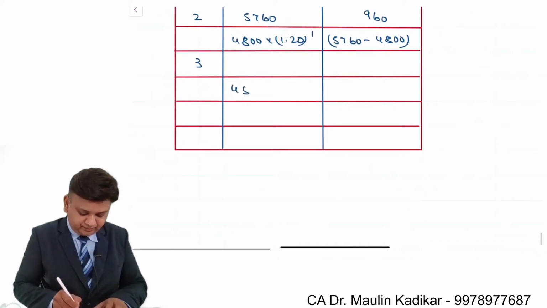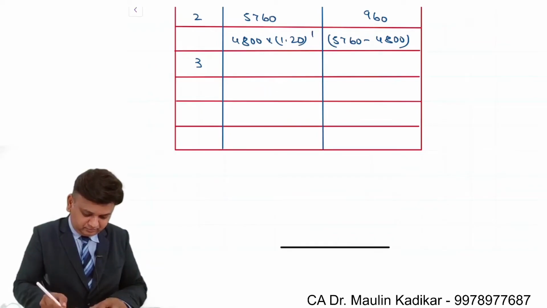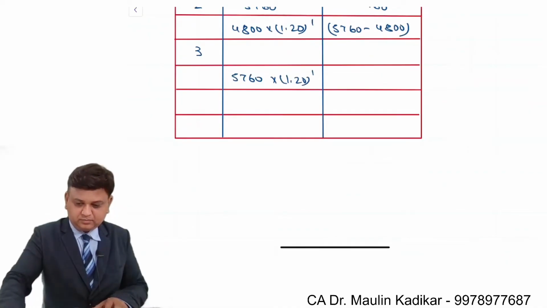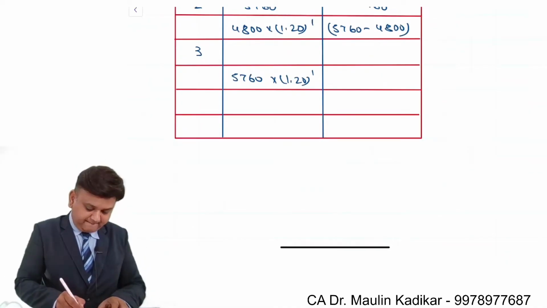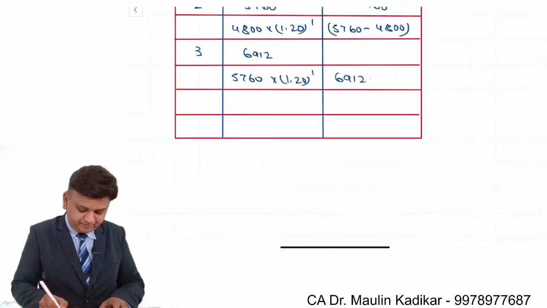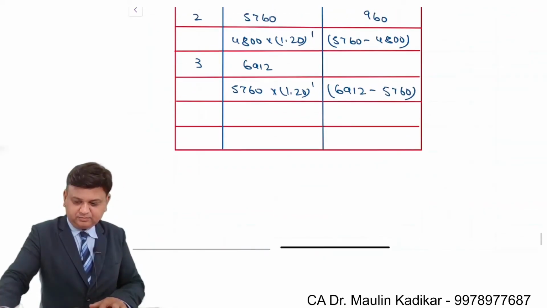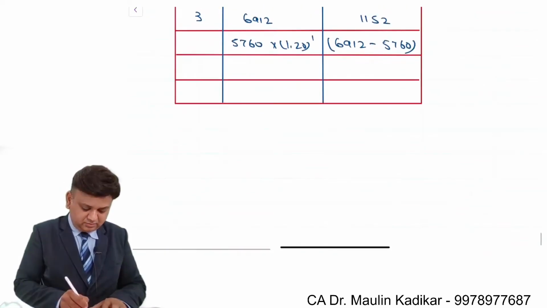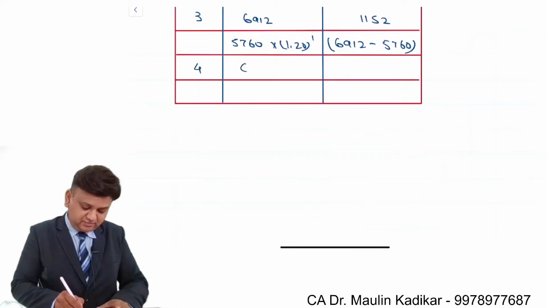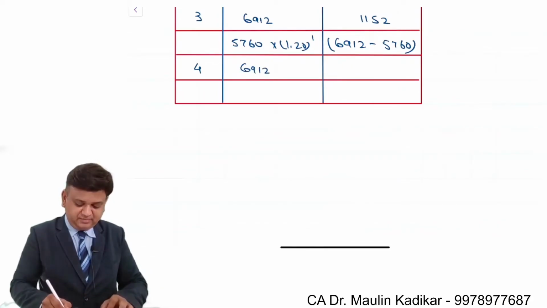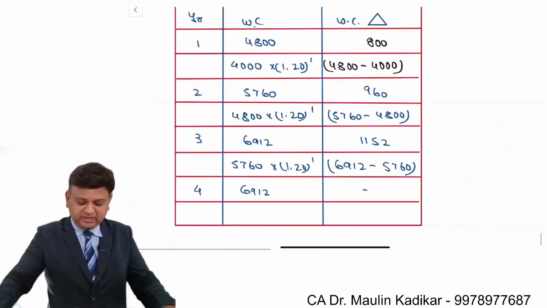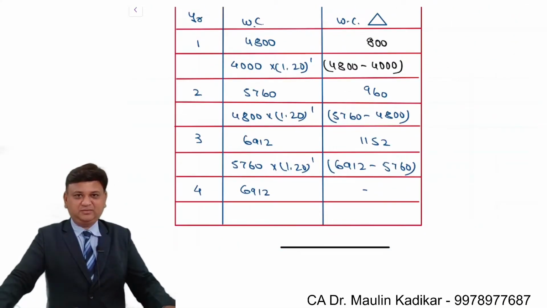Third year, 4,800 into 1.20, sorry, 5,760 into 1.2, 6912 minus 5760, 1152. Fourth year, there is no change in the sales. So working capital will also remain same. So afterwards we won't have to make any investment in the working capital. This is the way we are required to compute the answer from end of year 1 to end of year 4. Please read the answer.